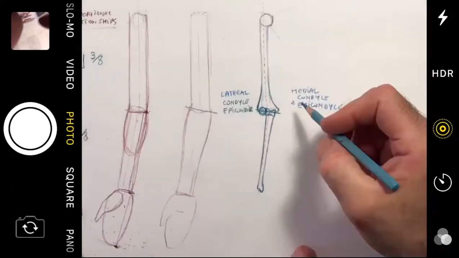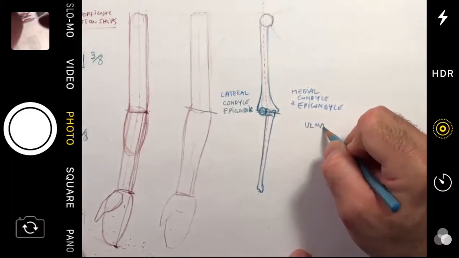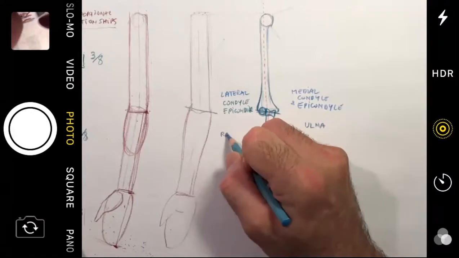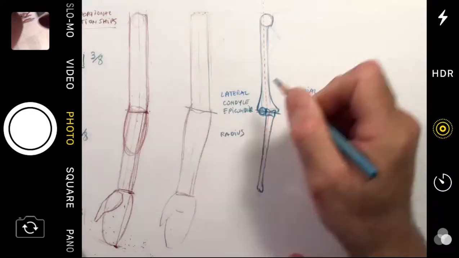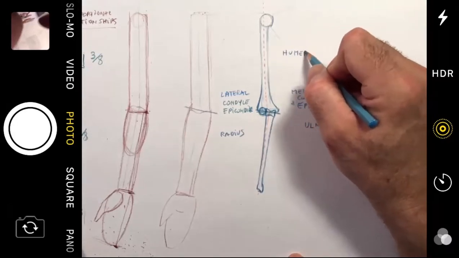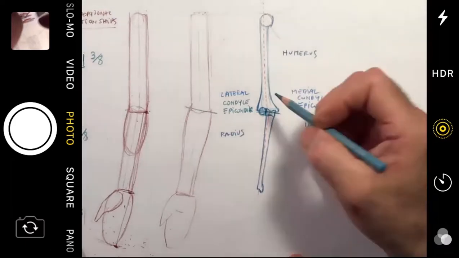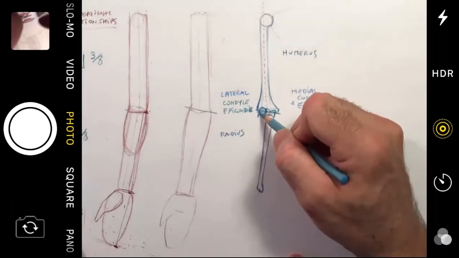So, ulna, radius, humerus, right? So now here I have the radius starting like this, right?